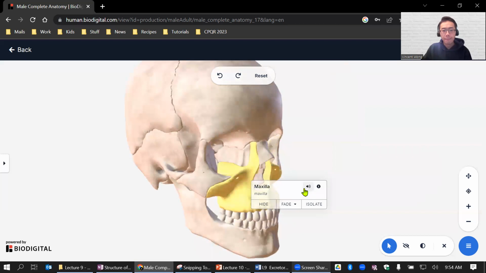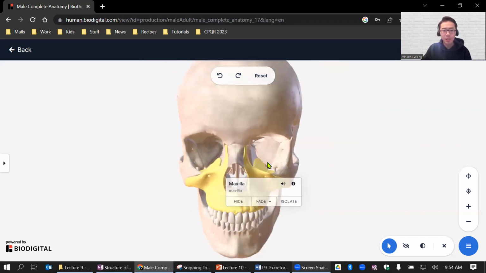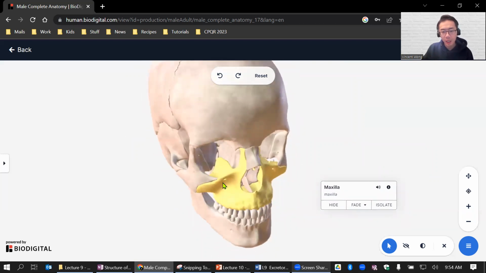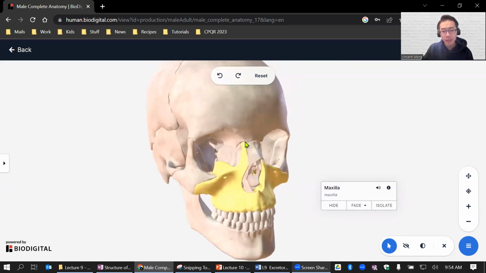We have the maxilla here. This is not the first time we learn about the maxilla. We learned about the maxilla in the digestive system. The maxilla forms part of the lower portion of your eye socket, and it also forms part of your nose ridge. If you put your hands up here, that location is part of the maxilla.